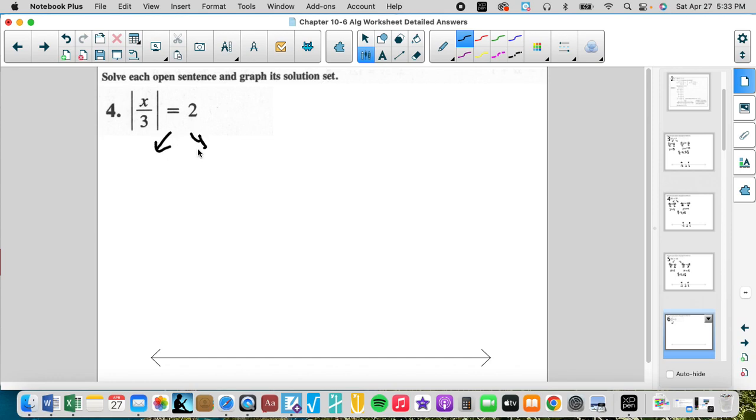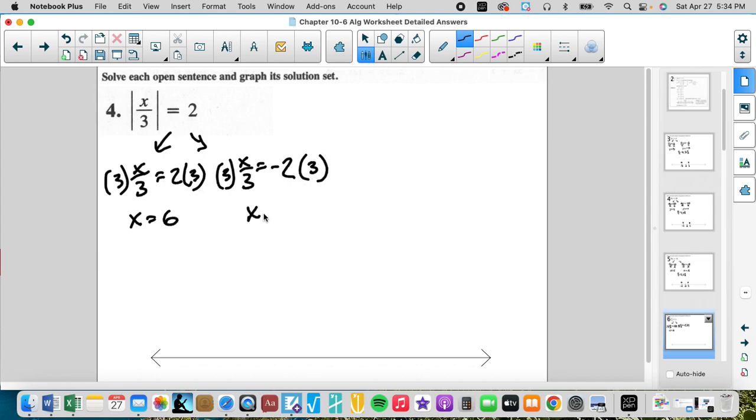Just because it's division doesn't mean we change our technique. We are still going to write what's inside the absolute value equaling the positive and negative value of that. We multiply both sides by 3, because that's the inverse of dividing by 3. We get x equals 6, and x equals -6.